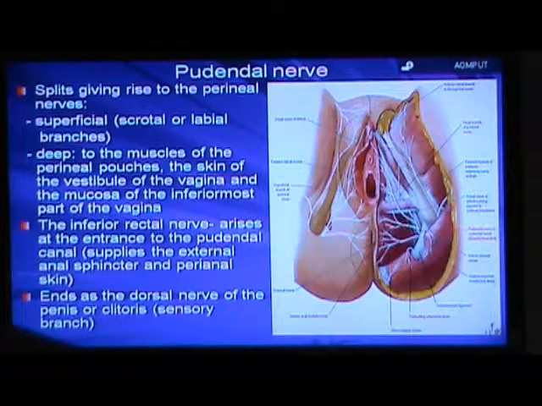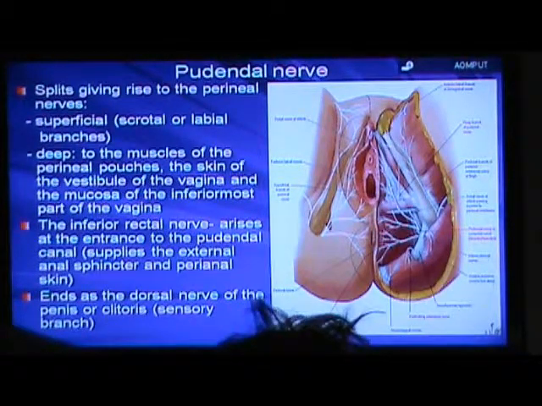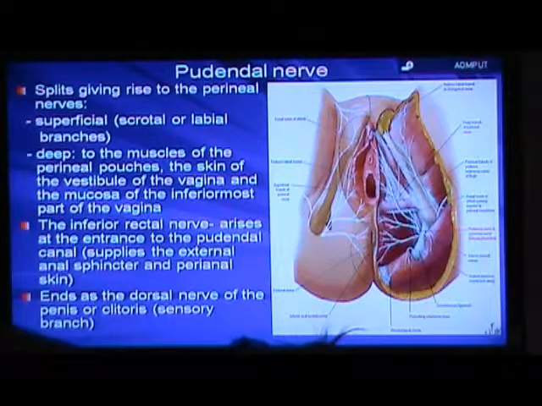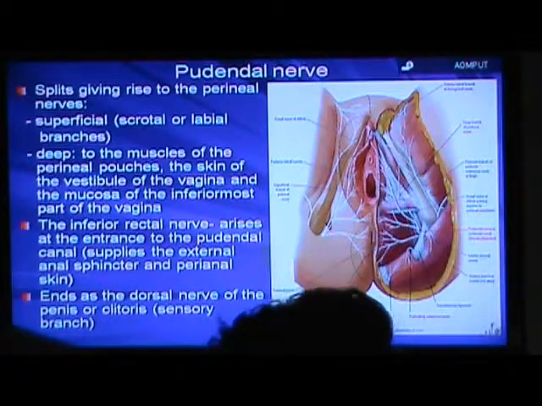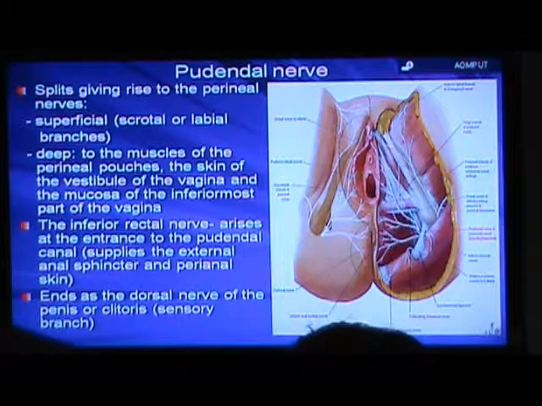So we can perform this block when we need to suture after childbirth, we can make this nerve block to suture the skin and the structures.